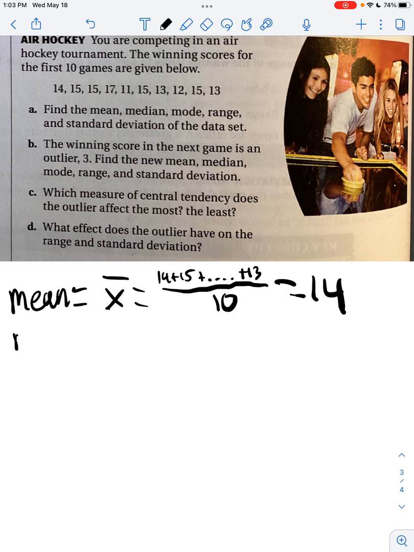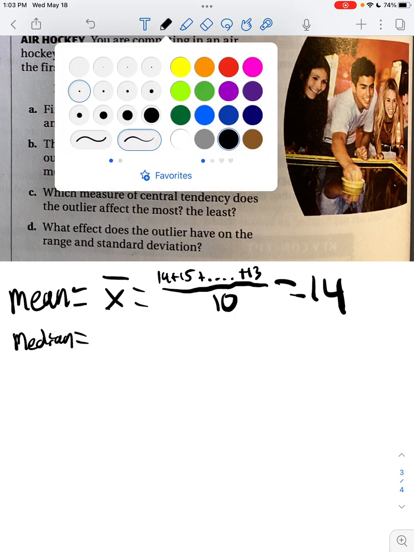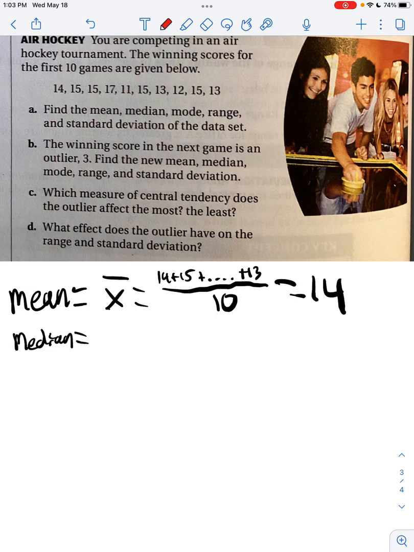The median, you've got to line them up lowest to highest. So again, that's the trick: you take your lowest values, 11, 12, 13, 13, 14, 15, 15, 15, 17.